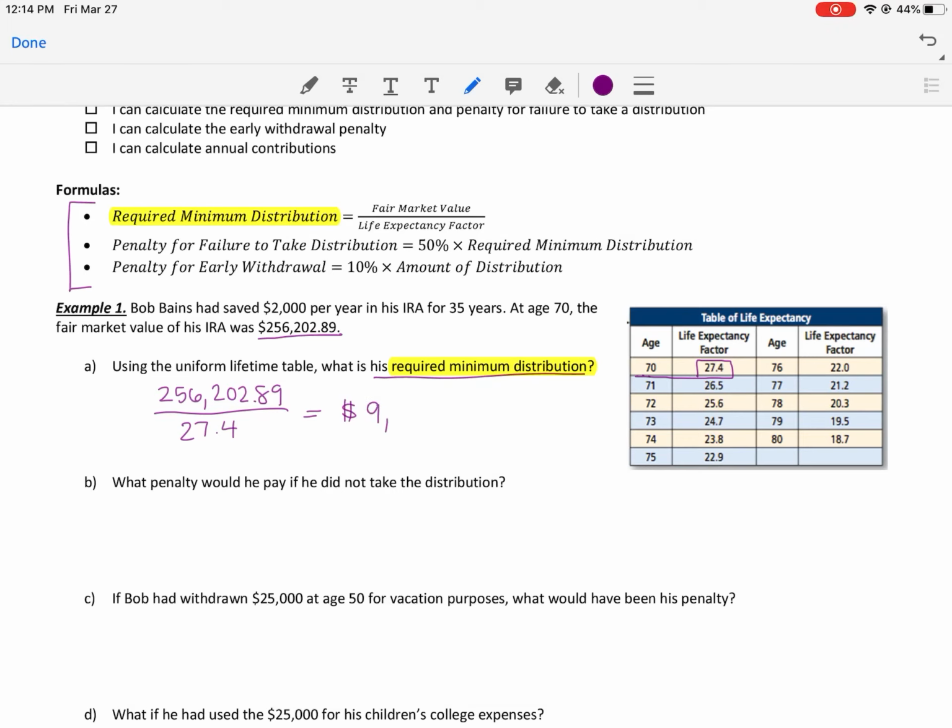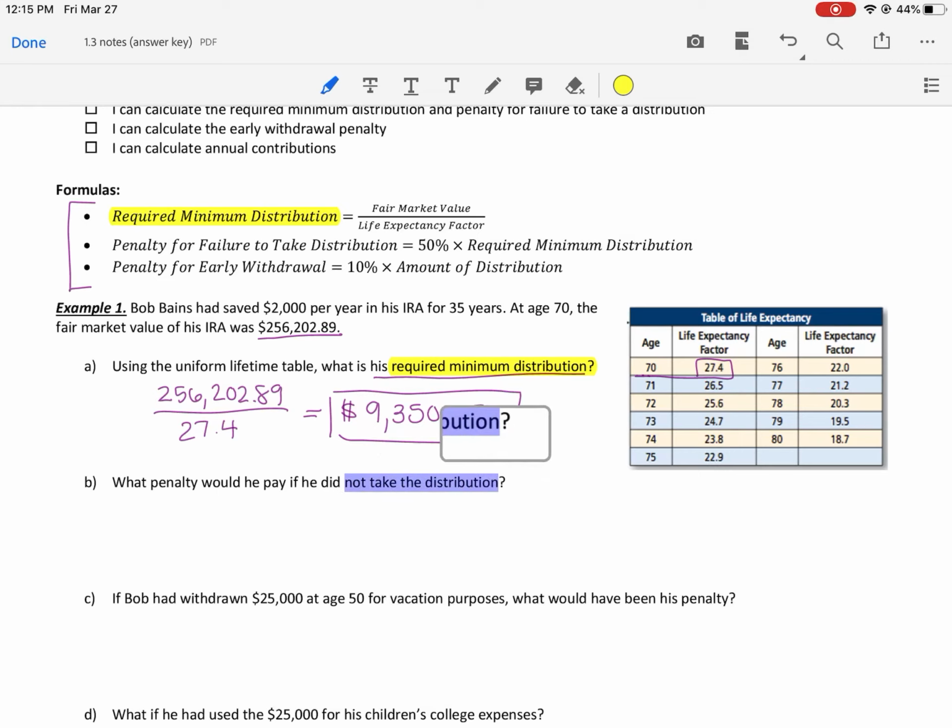So they're expecting him at that stage, when we divide this, we get 9,350.47. So they're saying he has to take out that much money, in this case, kind of per year from his account.